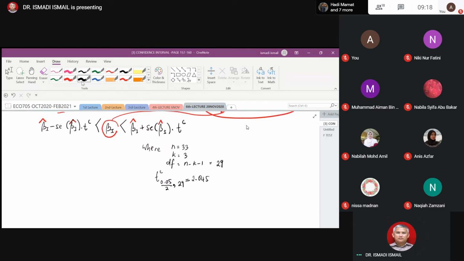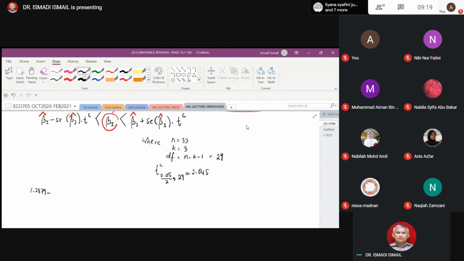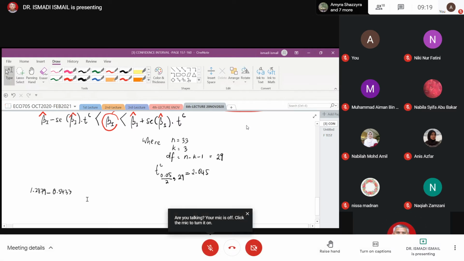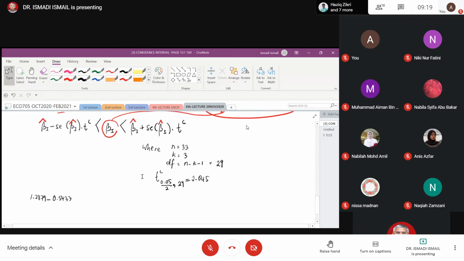So 1.2879 minus the standard error, 0.5433, multiplied by the critical t, 2.045, less than the true coefficient.